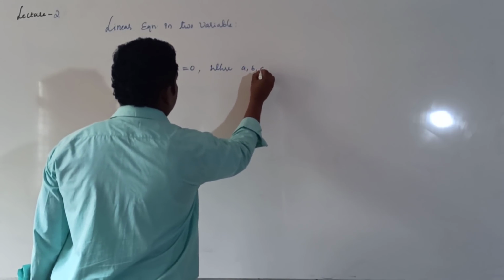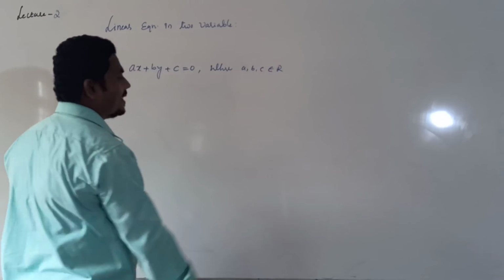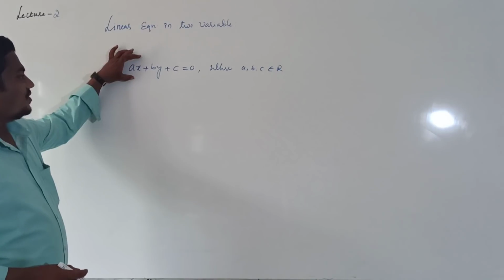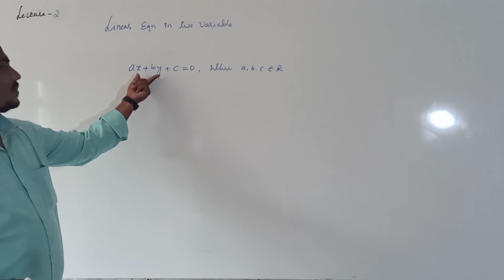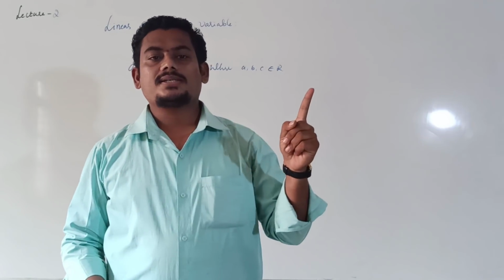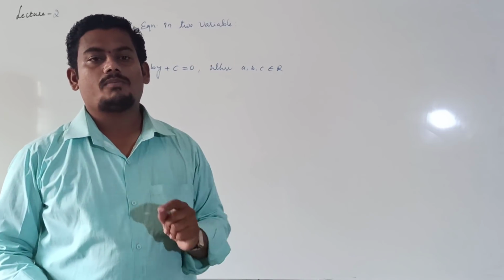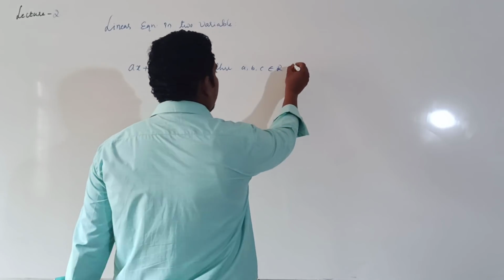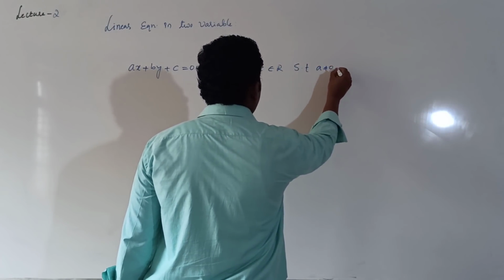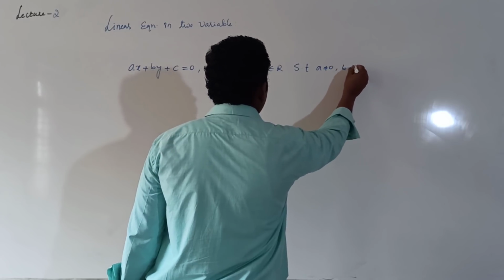An equation of the form ax plus by plus c equal to 0, where a, b and c are real numbers such that a not equal to 0 and b not equal to 0.